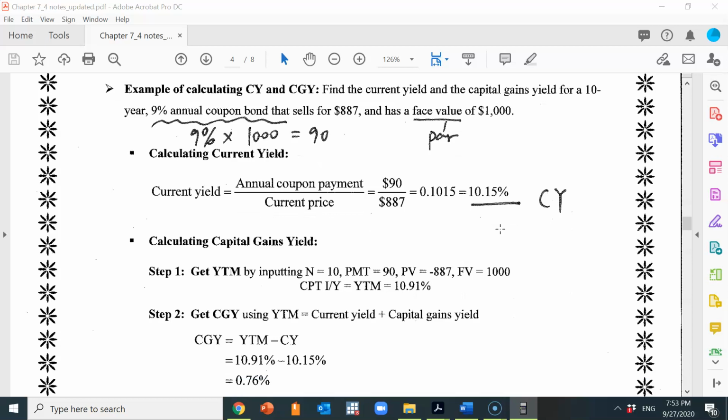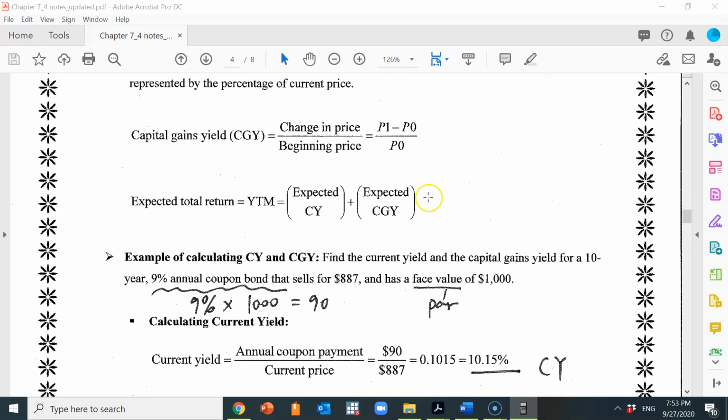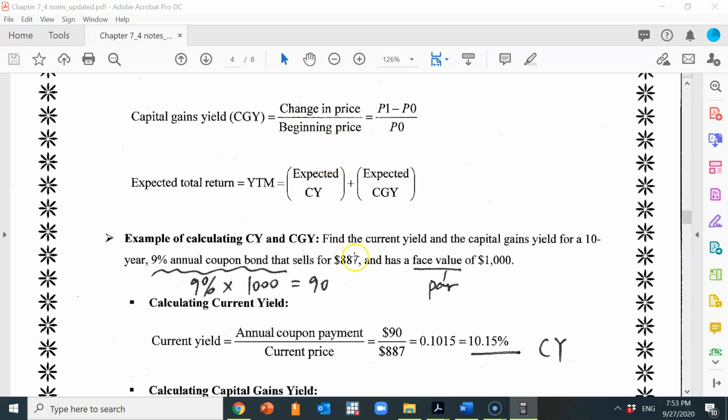If we want capital gains yield, we have two methods to solve for it. The first method is to use its definition. We can calculate the bond price after year, P1, minus P0, divided by P0, so we can have capital gains yield. However, it's a little bit complicated to calculate P1. So instead of using the definition of capital gains yield, we had better calculate it using the summation formula for the yield to maturity.